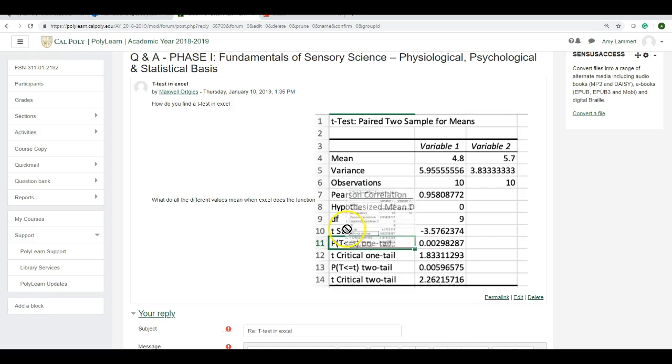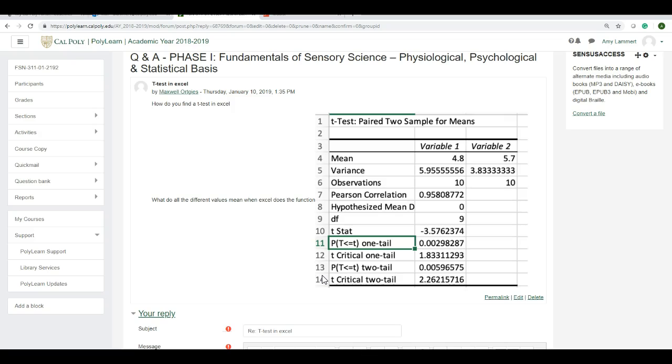One thing I'd like to note, this t-stat is something that you can use to look up in a book. You can look up t-statistics in a book or in a table. This t-stat here in row 10, this t-stat here for a one-tailed t-test in row 12, or a t-stat for a two-tailed test.